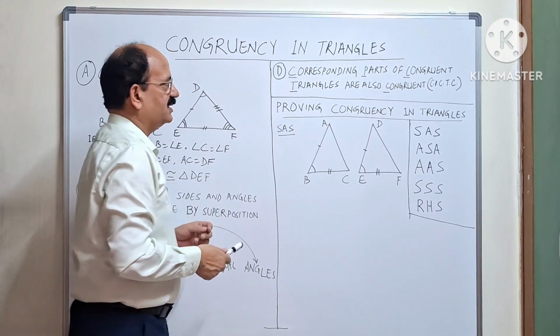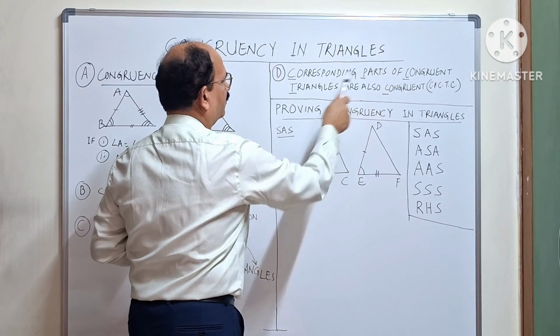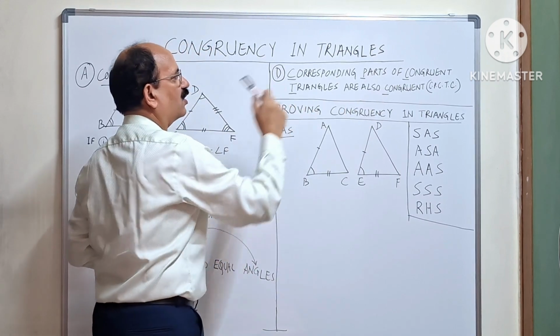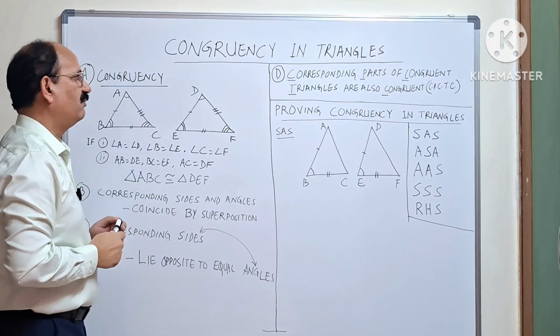Next important stuff in congruency is that corresponding parts of congruent triangles are also congruent. What does that mean?